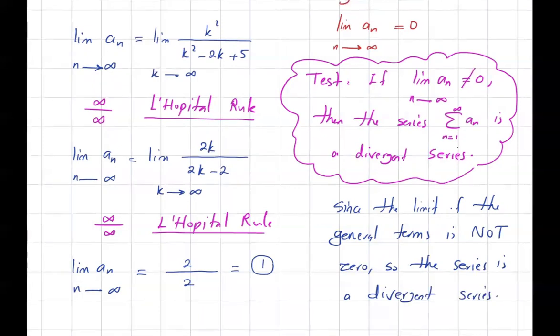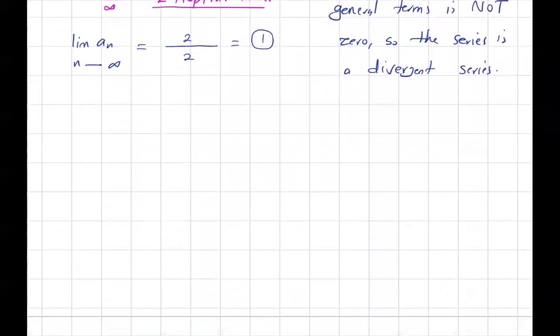Common mistake for students. Students usually make these mistakes on the exam.